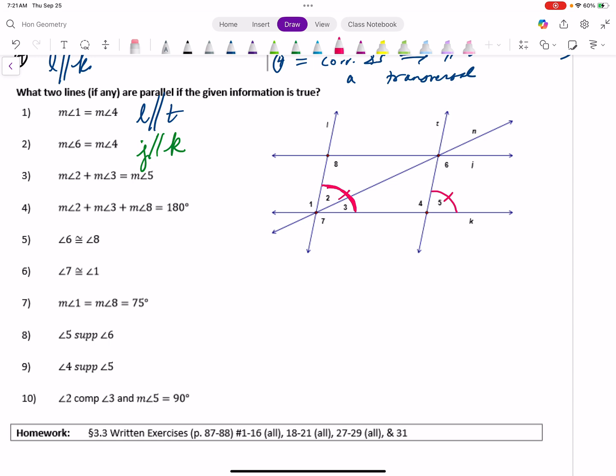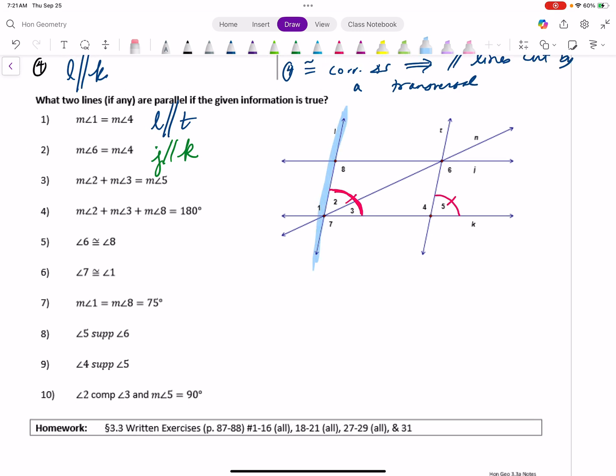So if 2 and 3 put together are the same as 5, that's going to make those angles congruent. If I create those big angles, it's because I use those two lines and this transversal. So yeah, that's going to make lines L and T parallel. Okay. All right, next up, let's see.